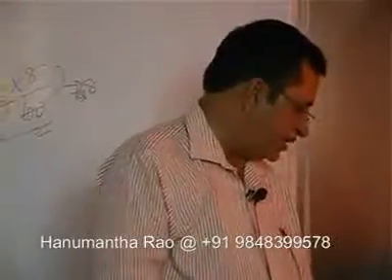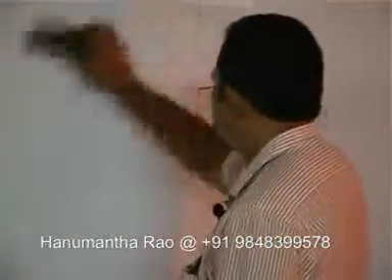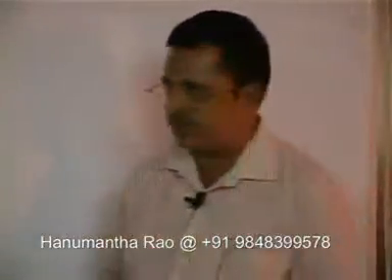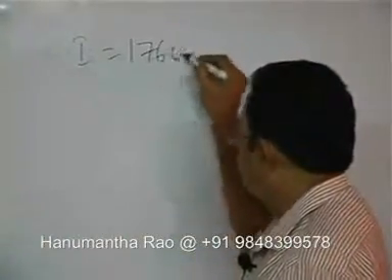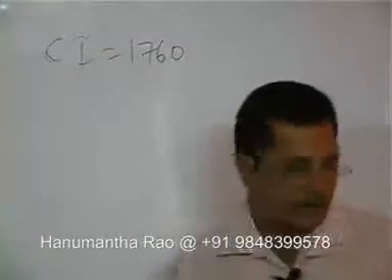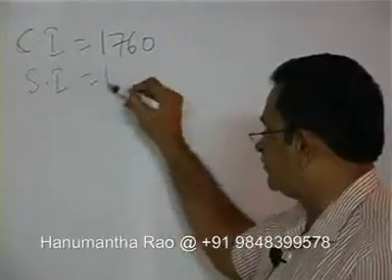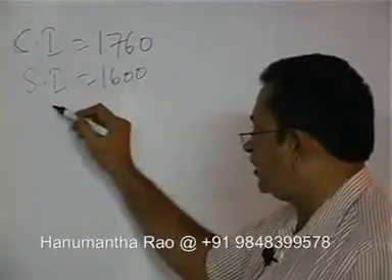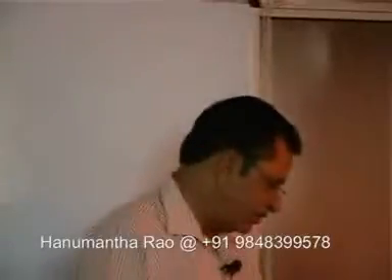The compound interest on a certain sum for 2 years is 1760, and if the simple interest is rupees 60, find the principal. Find the principal.